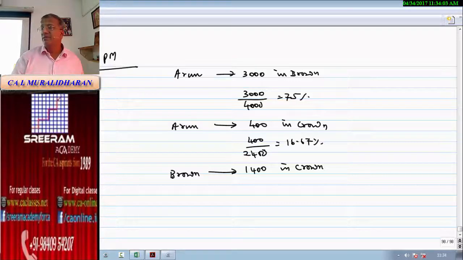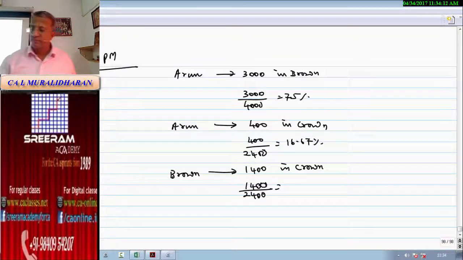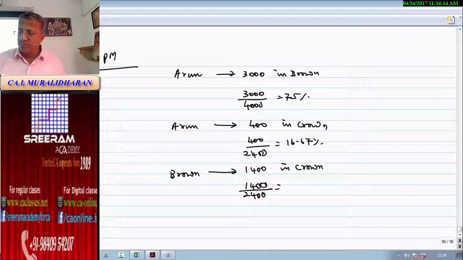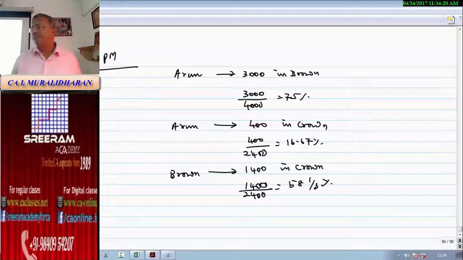How much will this quantity of shares work out to in terms of percentage? 1400 by 2400, which comes to 58 and 1/3%.